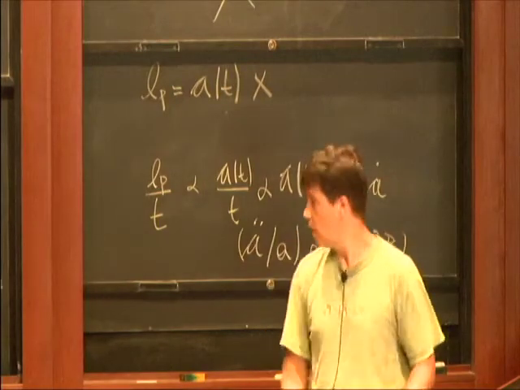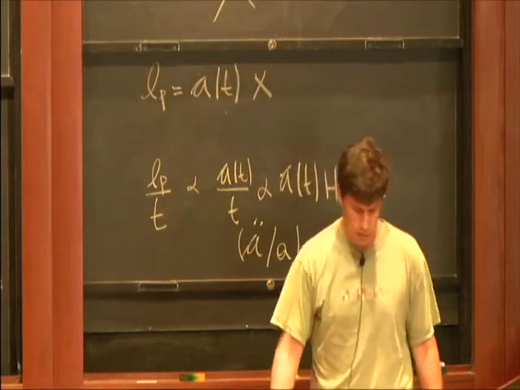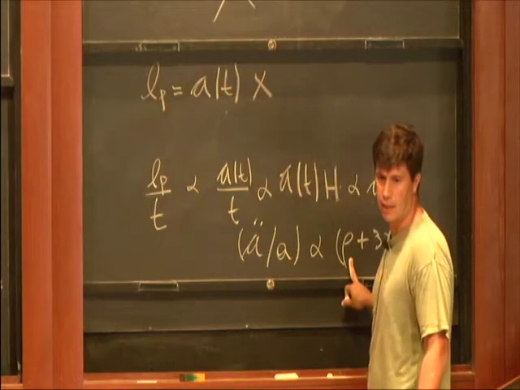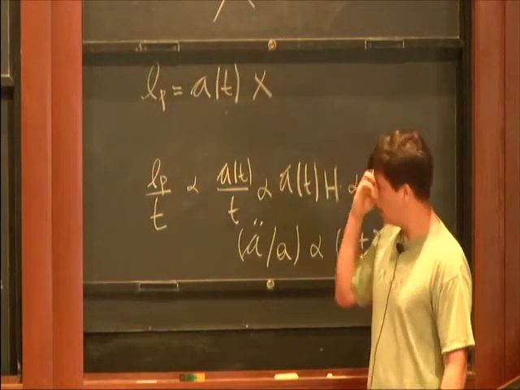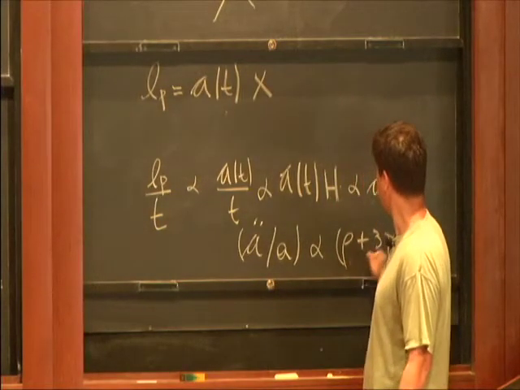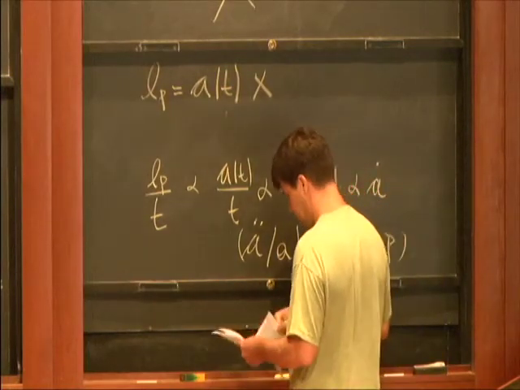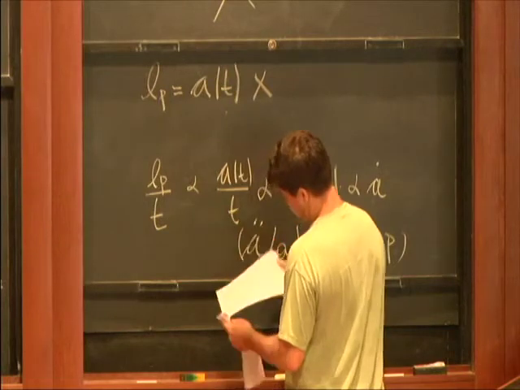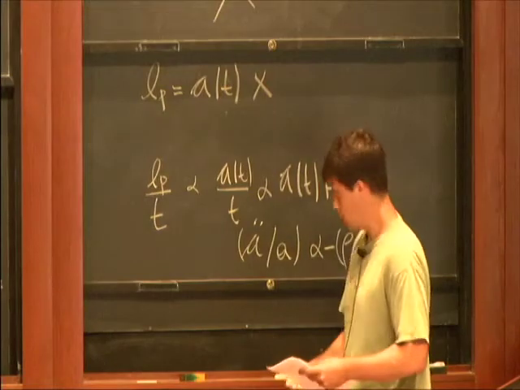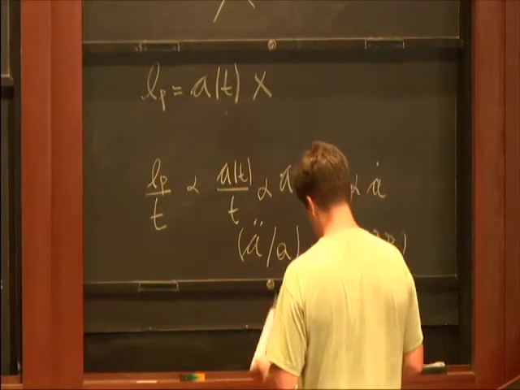And so if you want to have a double dot negative in order to solve this horizon problem, you need to have p more negative than minus a third of rho. Okay? So when you do that, you go from one regime to the other. Inflation in particular has p very close to minus rho, so this is indeed, I'm missing a minus sign though. Because if not, everything looks the opposite. Okay, so sounds good.